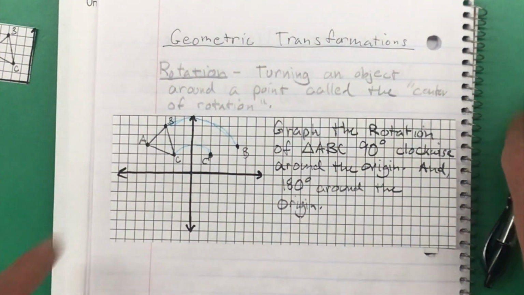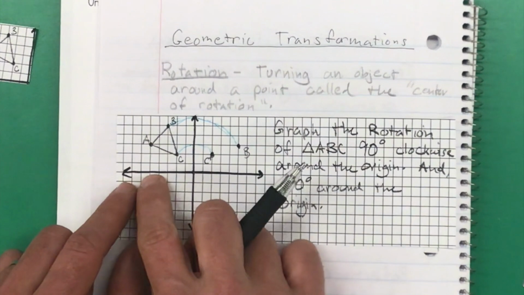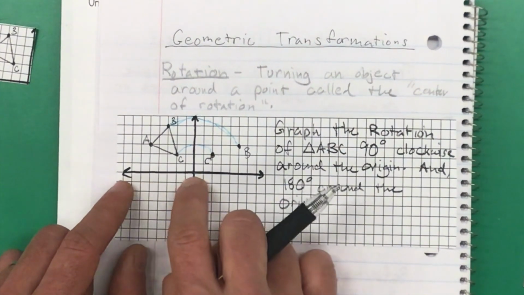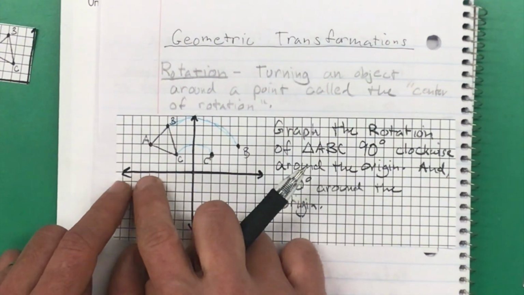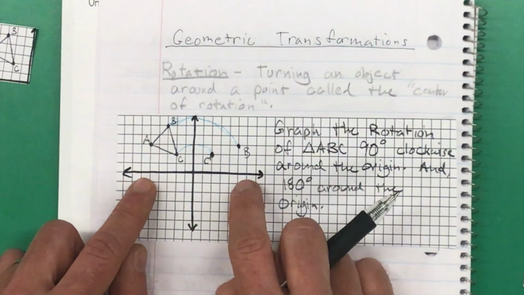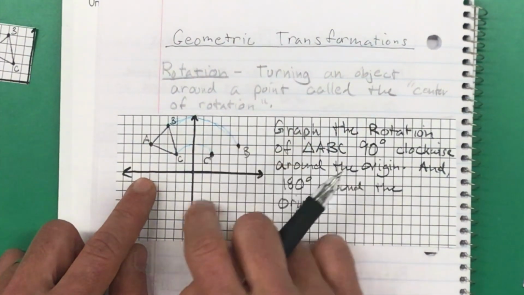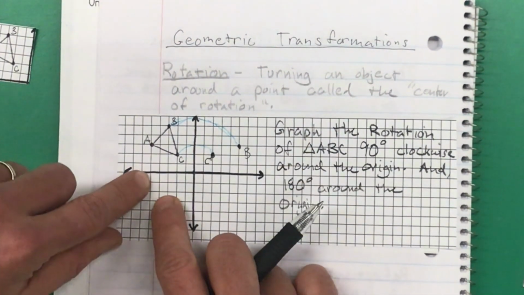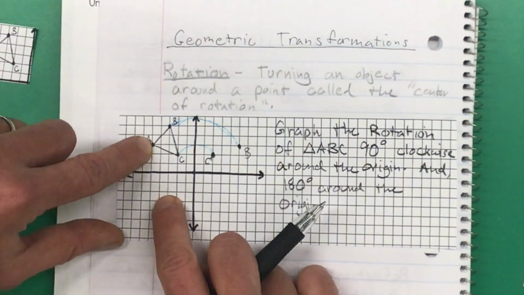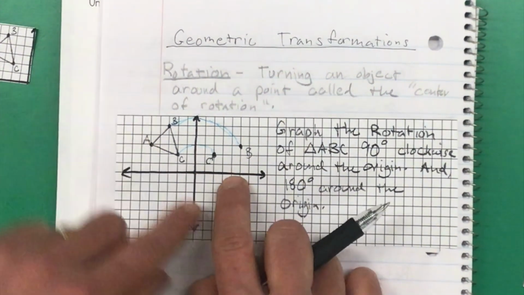And then A, the x was -1, 2, 3, 4, 5. So the new y is going to be +5. The old y was 1, 2, 3, +3. So the new x is going to be +3.